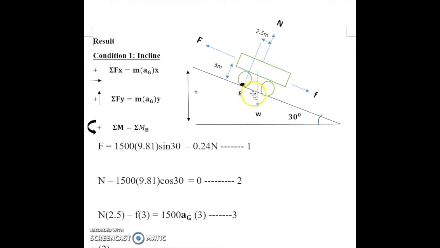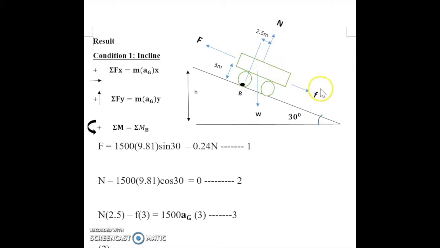W is the weight of the car, which acts perpendicularly down to the ground, and there is a normal force. The normal force is the same as the weight of the car, but we need to adjust it to act along the same axis, which is the y-axis in this case.